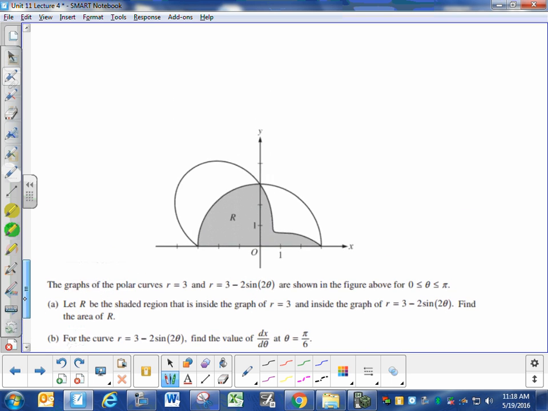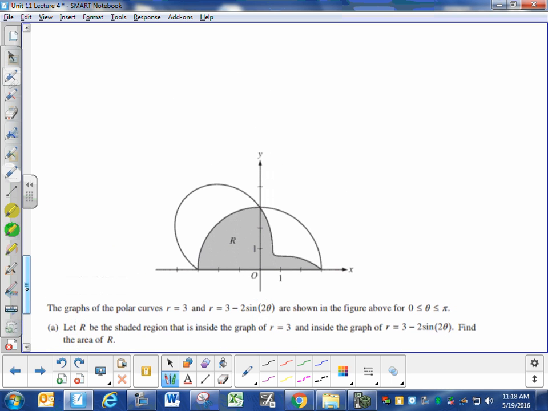This one. Find the area of the shaded region R. This is R equals 3, and this is 3 minus 2 sine 2 theta. Go.